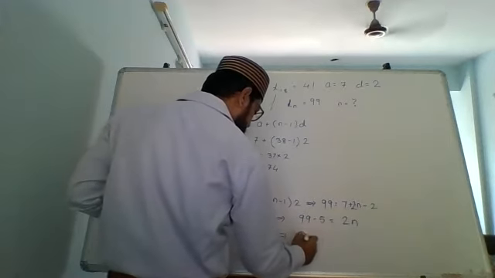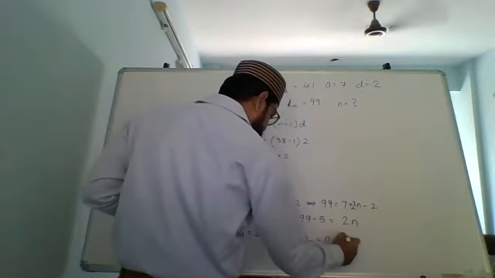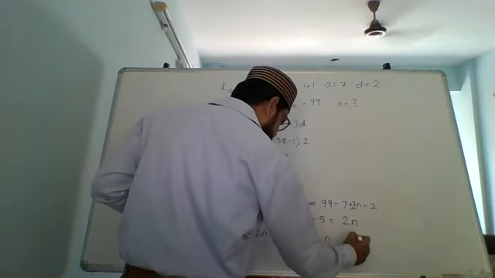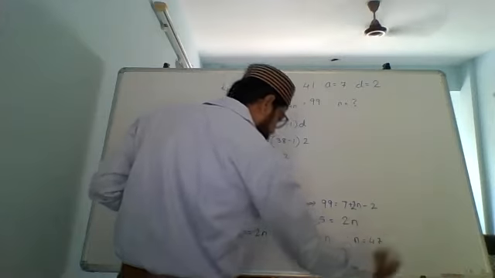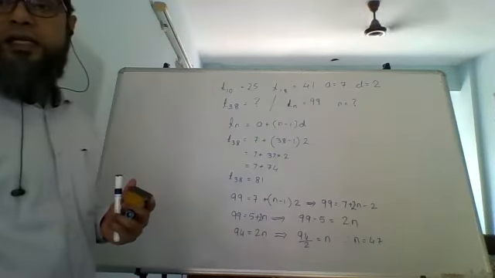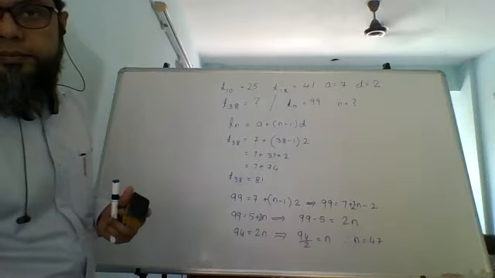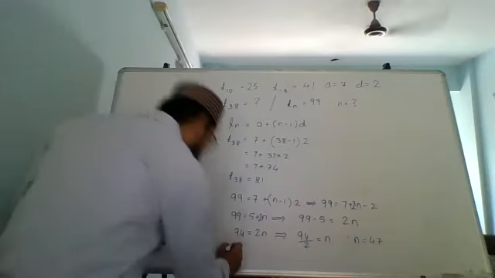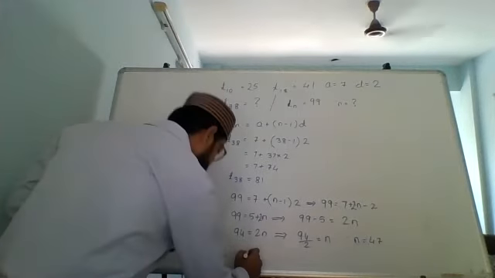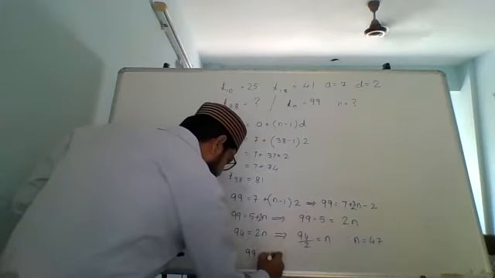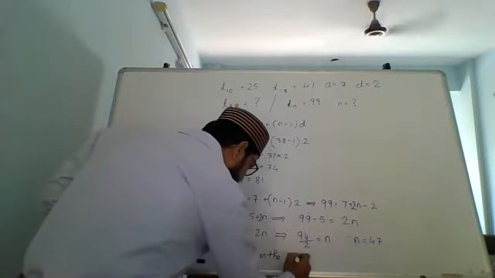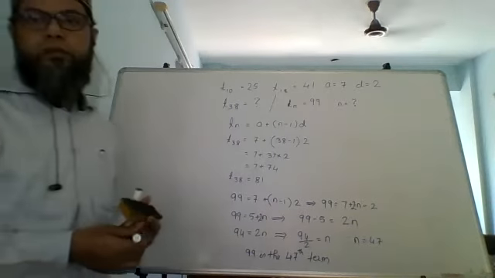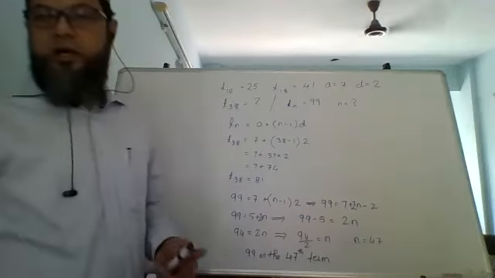So 94 upon 2 equals n, which is how much? 47. N is 47. So we will say, therefore, 99 is the 47th term.